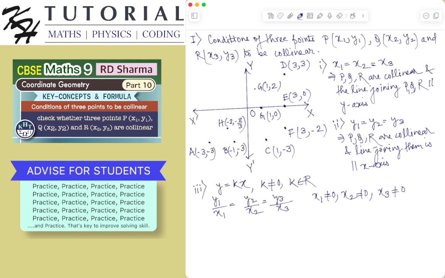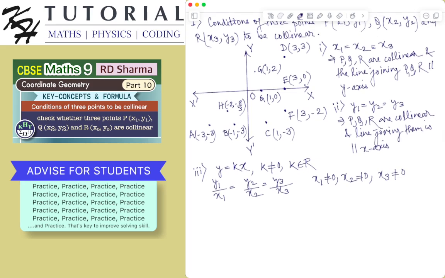If none of these cases works out, then you can check whether the points P, Q and R are collinear or not by this formula. You take 2 points at a time. Let's say I am taking PQ and let's say QR. You can take PR and QR.